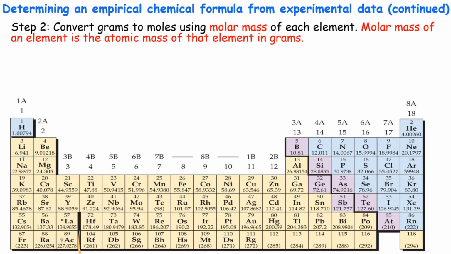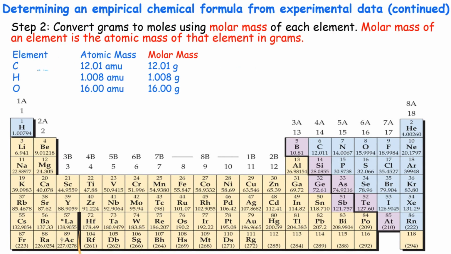Lithium, 6.941, and the atomic mass is in AMU. Now, the molar mass for lithium is 6.941 grams. That's it. So the same number, but only the units change. That's the molar mass of an element.